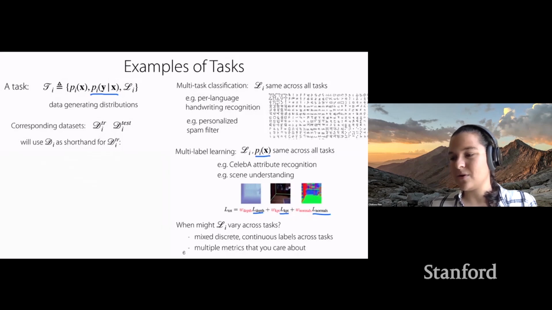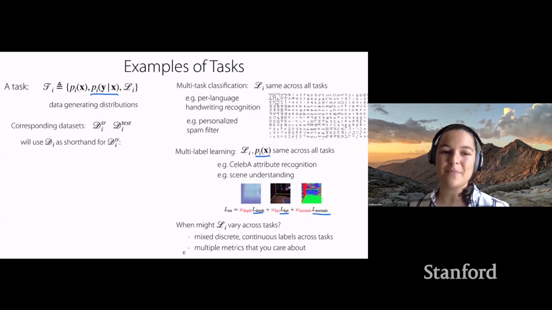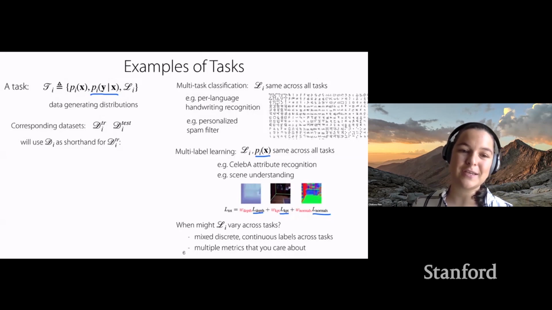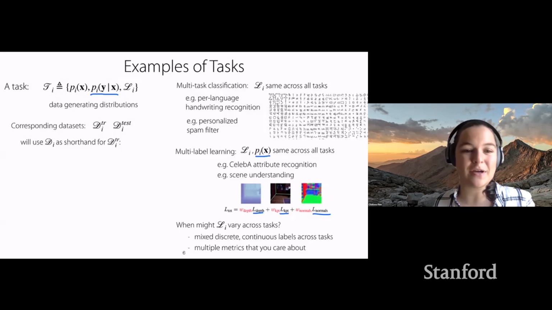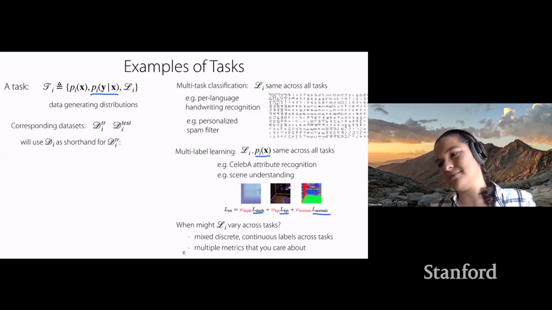The second scenario might be if you care about multiple different metrics of your performance. Maybe for your spam filter, you want it to be accurate, but maybe you also want it to treat different emails in different ways, in the way that it classifies spam and ham.